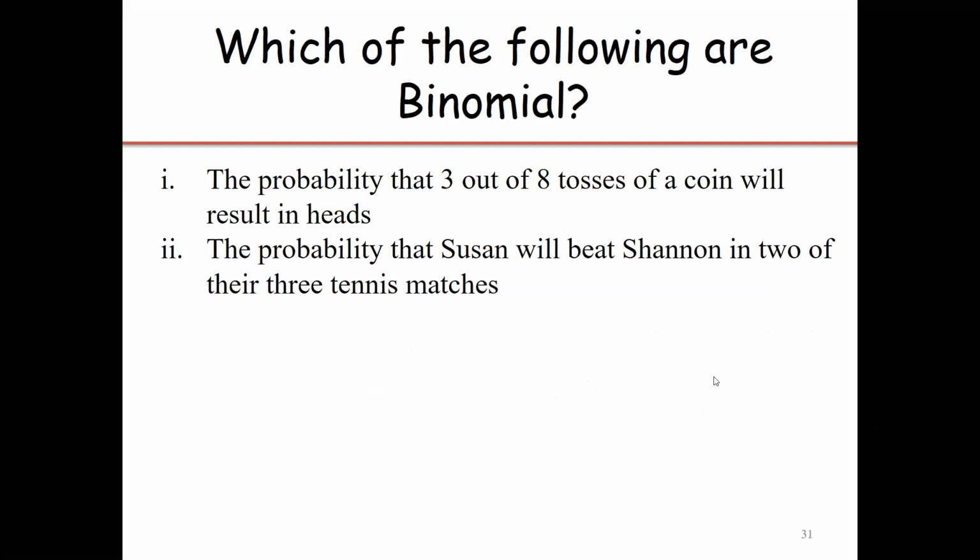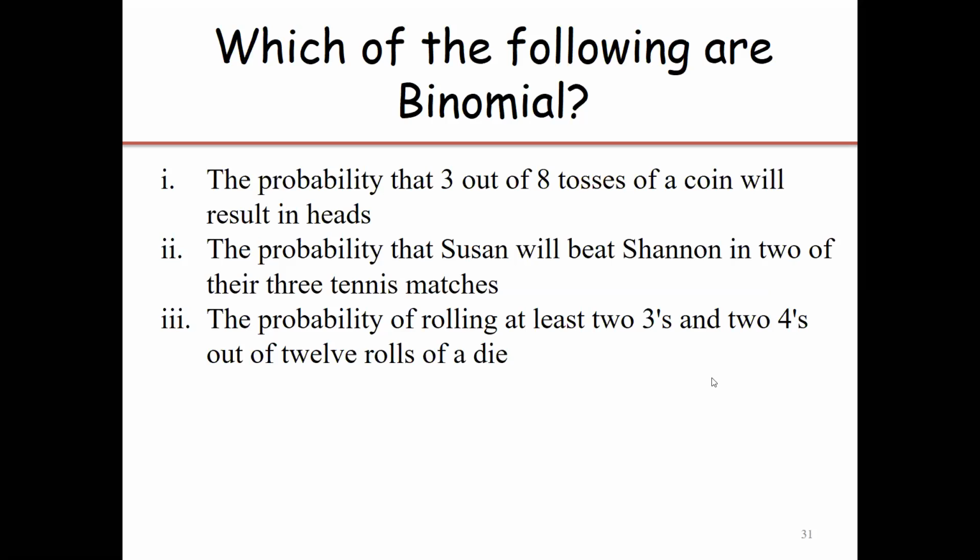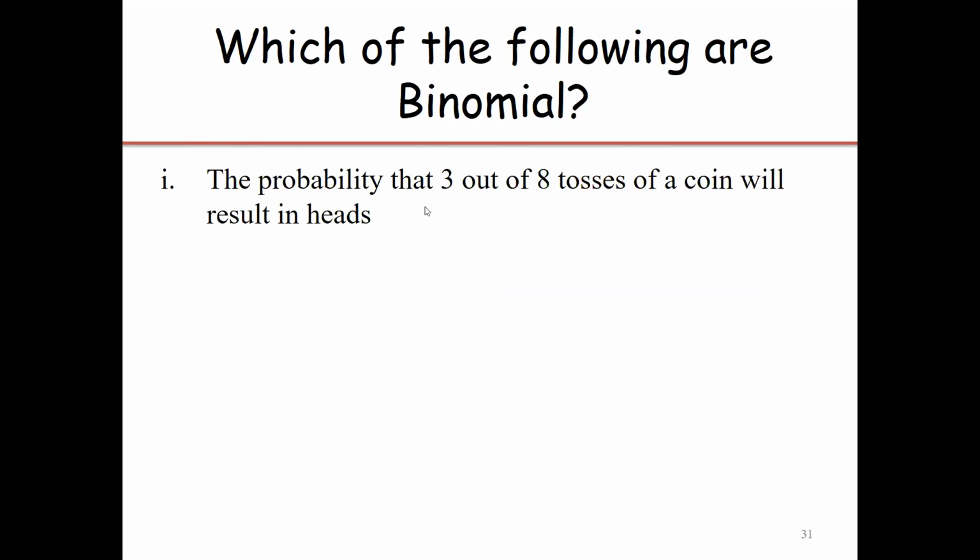Now these are the conditions, the different situations where we can apply the binomial distribution. The probability that 3 out of 8 tosses of a coin will result in a head. In this problem we are interested in b(3; 8, p), because we are interested in 8 tosses of a coin, and it is not decided whether it is a fair or unfair coin.